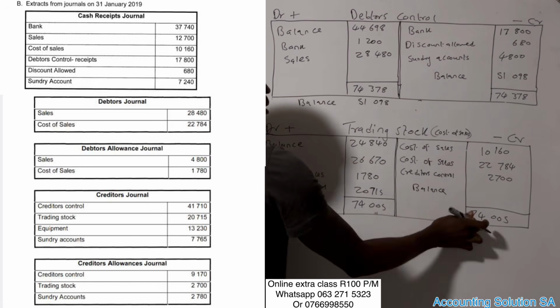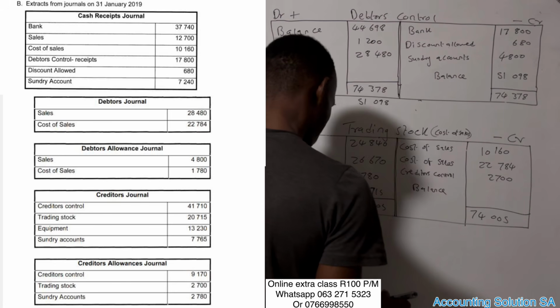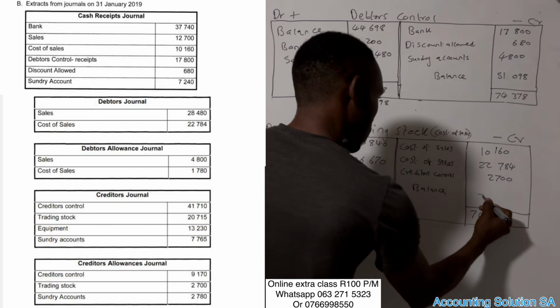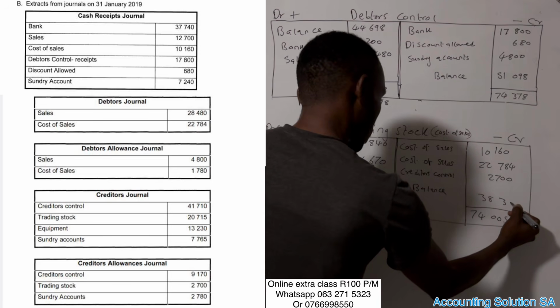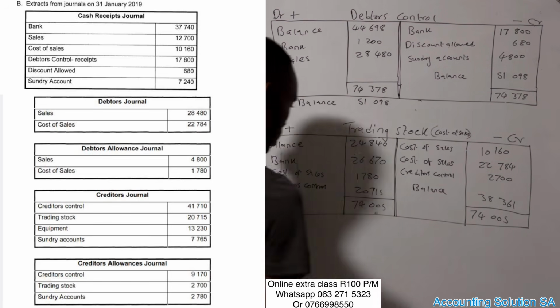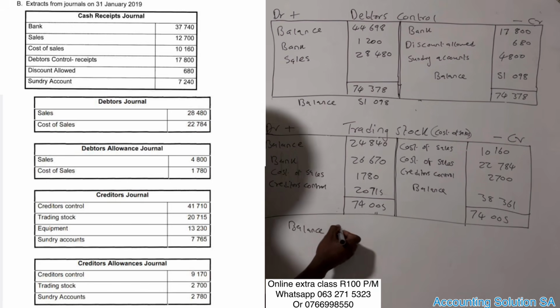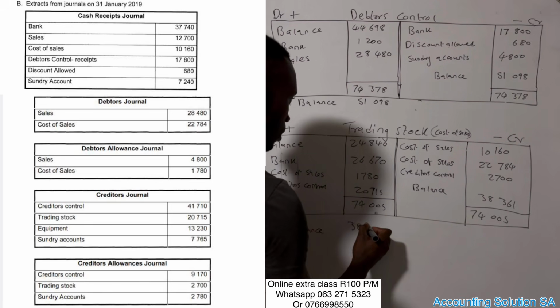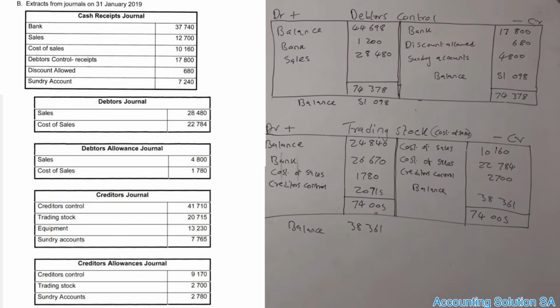You're gonna take this minus the rest, and it's gonna give you an amount of 38,361, and you carry it down this side. You say balance 38,361. Very simple stuff, guys.